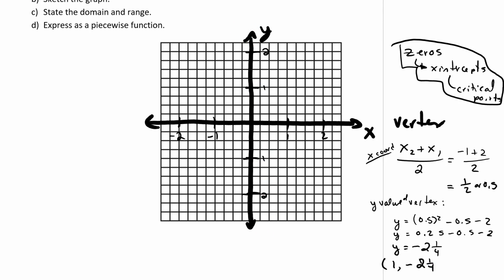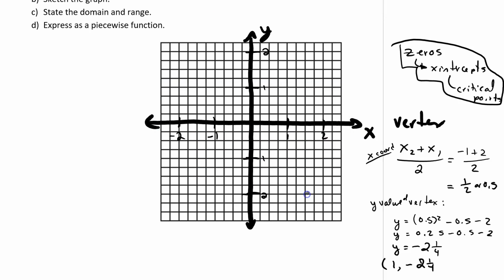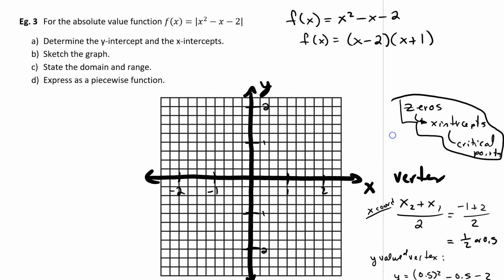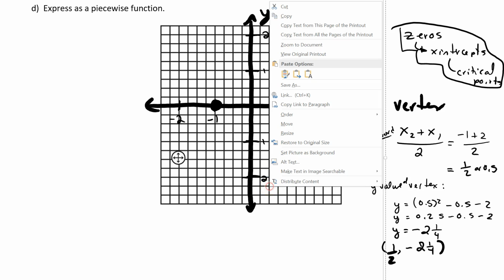I'm still going to keep my x-intercepts. They're still there. So my x-intercepts occur at +2 and at -1. But my vertex happens at 1/2, or 0.5, which is right here, and negative 2 1/4 right there.